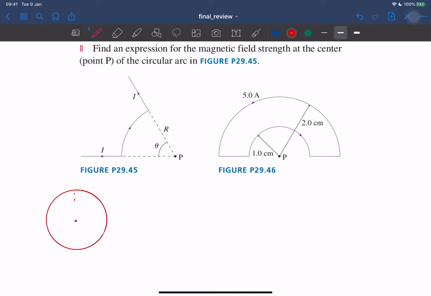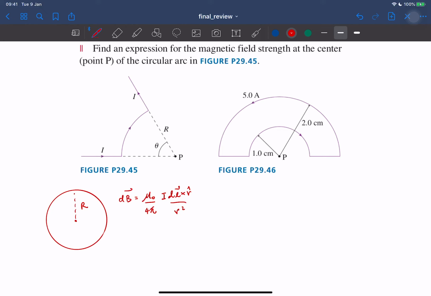If you don't remember, I will quickly remind you how to calculate. Again, you don't really need to know this, but dB equals mu0 divided by 4 pi, I think, and then I dL cross r divided by r squared. Remember, this is the Biot-Savart law. The cross product gives you the direction of the magnetic field.